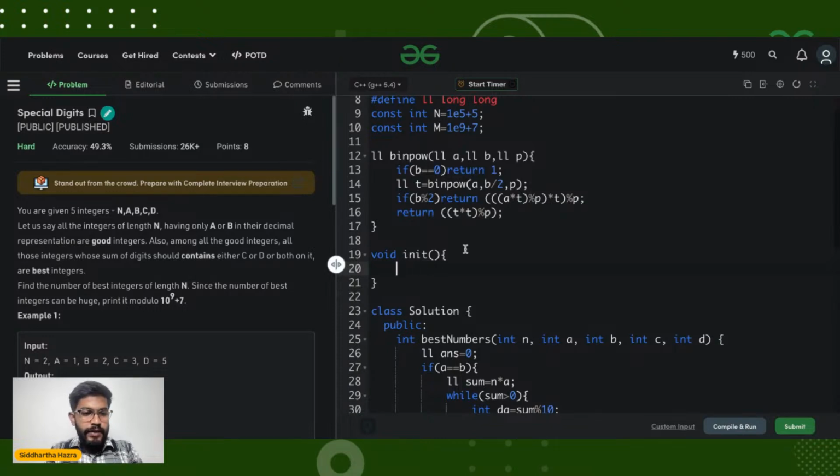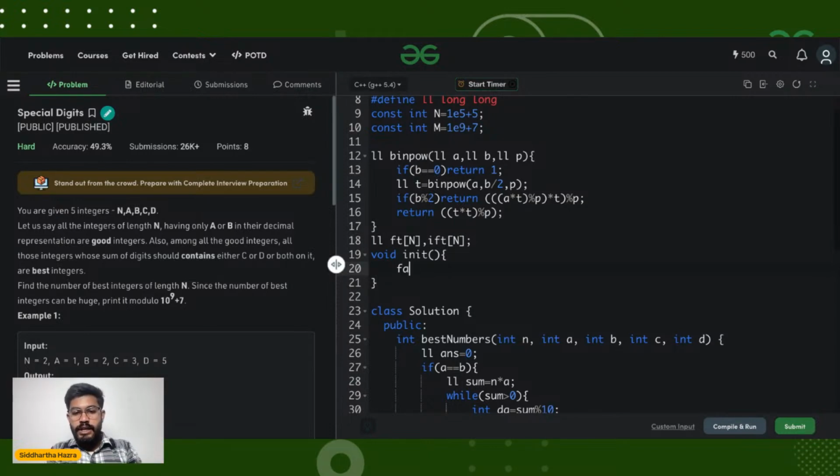So do we have a factorial array? No. We have a long factorial array of size n and an inverse factorial array of size n. Like fn and if. Inverse factorial and factorial, okay, we can't use that. So factorial ft and ift. Let's use this because this is not a reserved keyword.